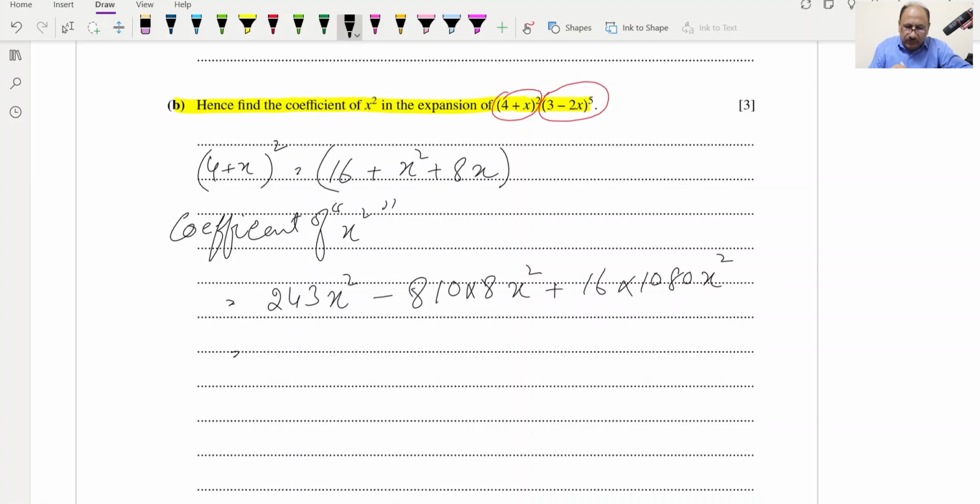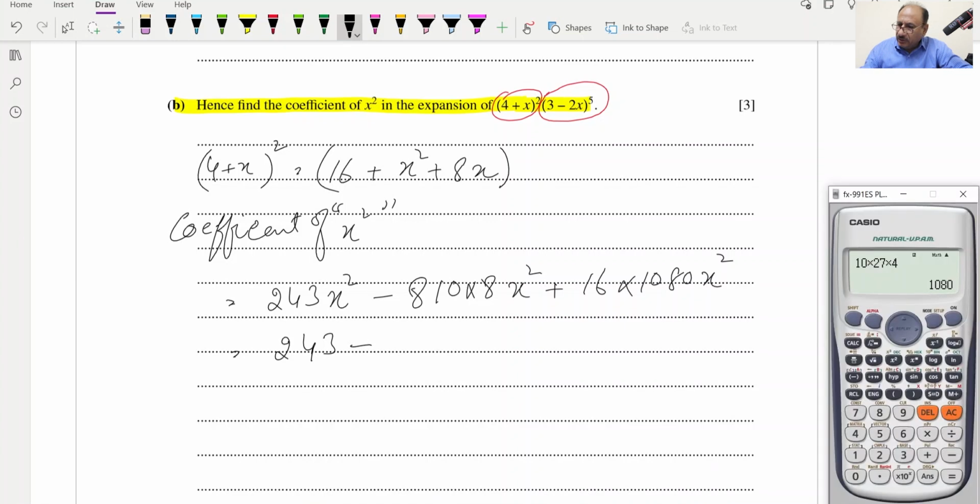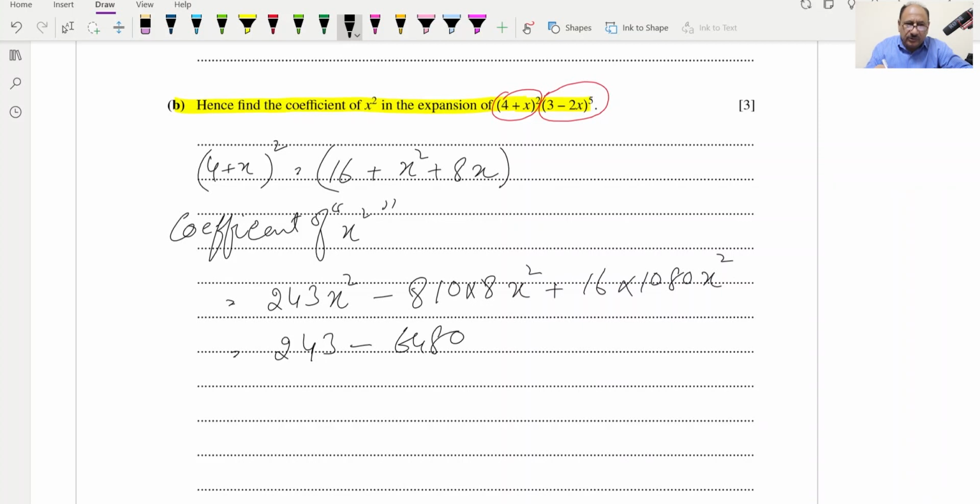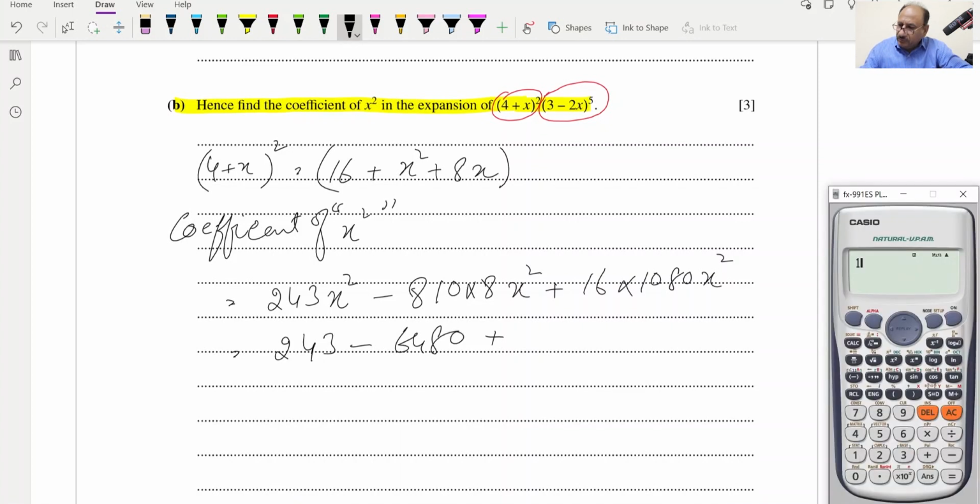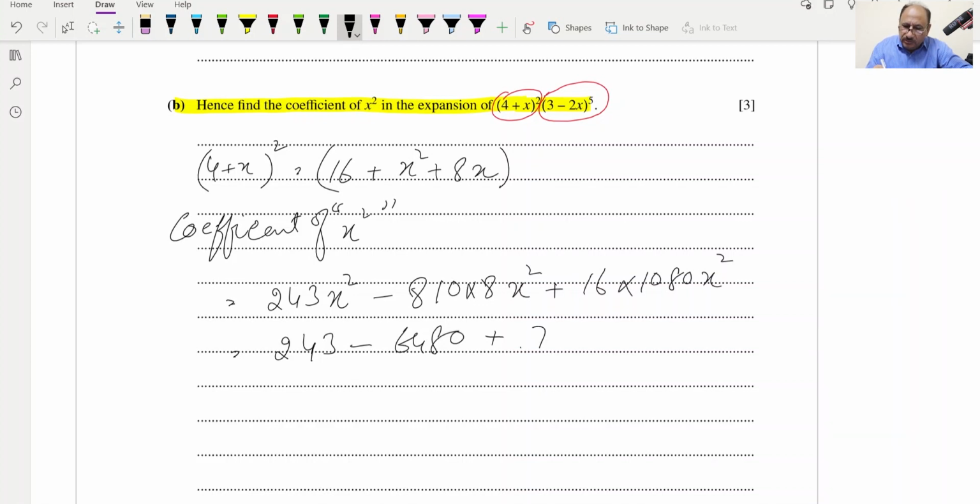Now what we can do, we can take x squared common, so inside will be 243 and minus 810 multiplied by 8, which will be equal to 6480, and plus 16 multiplied by 1080, and this will give us 17280.